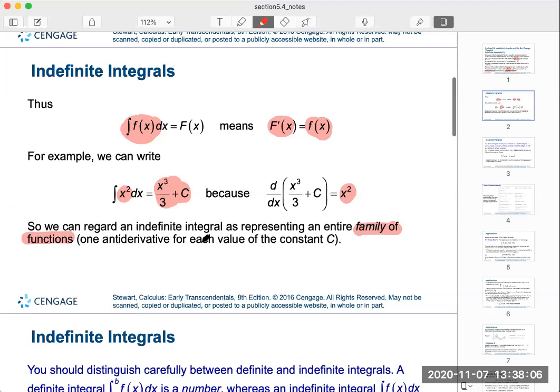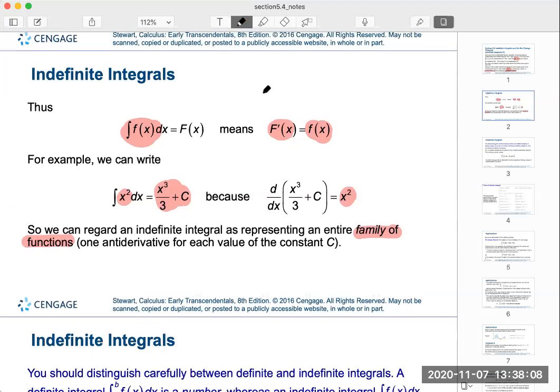However, the definite integral, for example, integral from 0 to 1 of x squared dx, as you remember, this will be the antiderivative of this guy, evaluated from 0 to 1.